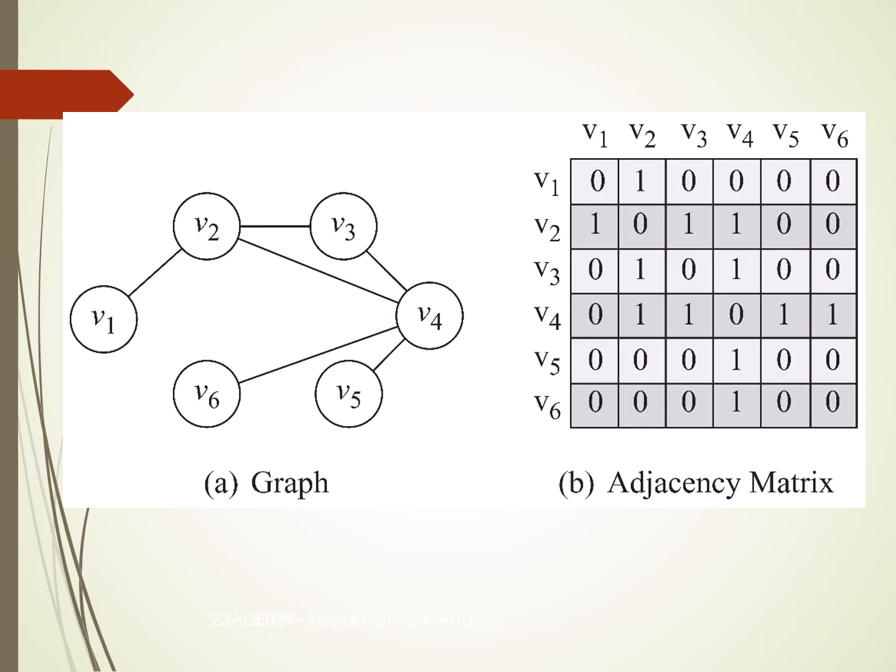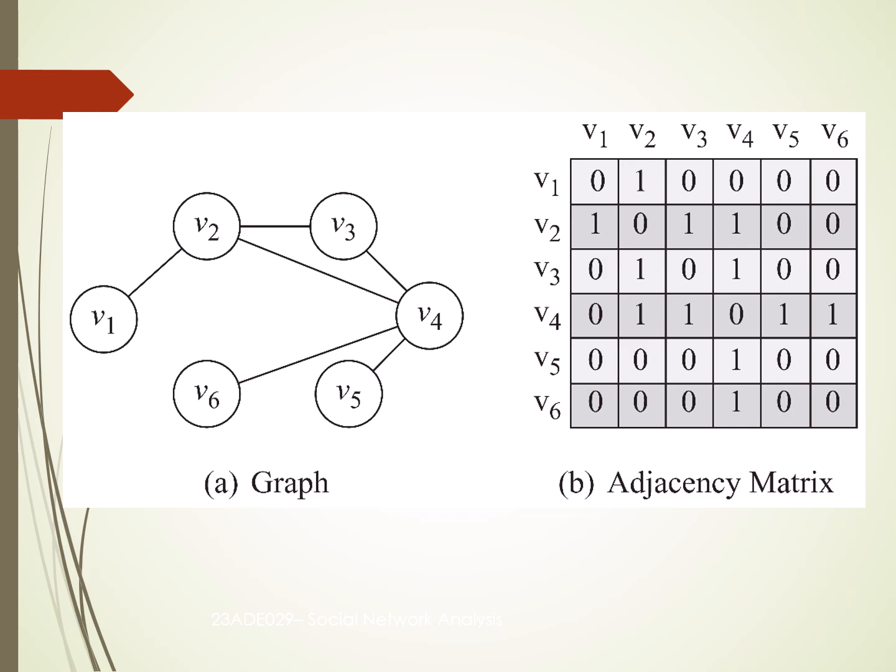To understand the adjacency matrix, for example, we have 6 vertices. In the rows we are representing the 6 vertices as v1 to v6, and in the columns also we are representing the 6 vertices v1 to v6. If there is an edge from v1 to v2, we represent it as v1 to v2 equal to 1.